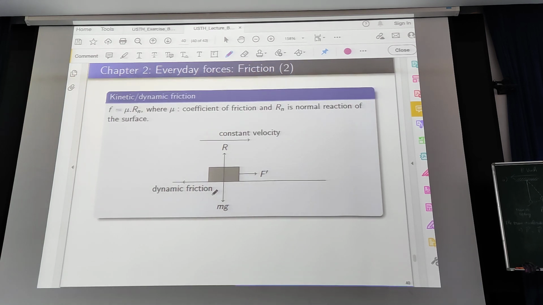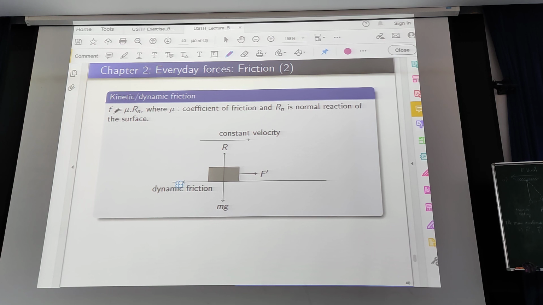In the case of dynamic friction, when the object is moving, you still have friction. And this case is moving with a constant velocity. For example, the friction is in the opposite direction to the direction of motion.